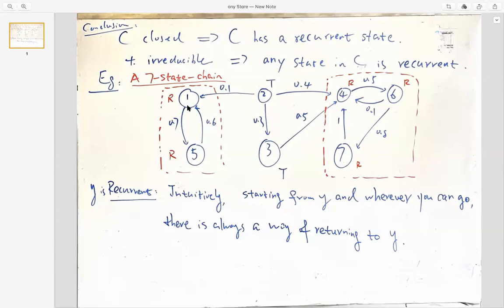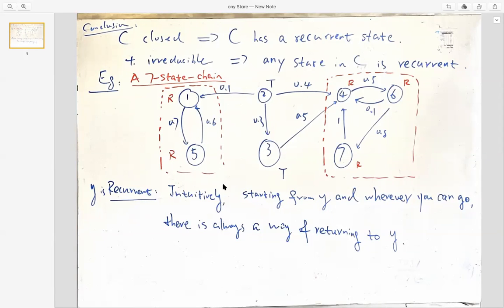If you start from 1, one actually is a recurrent state. Why? From 1, you either go to yourself or you go to 5. For any mass you send to 5, you can always return to 1.